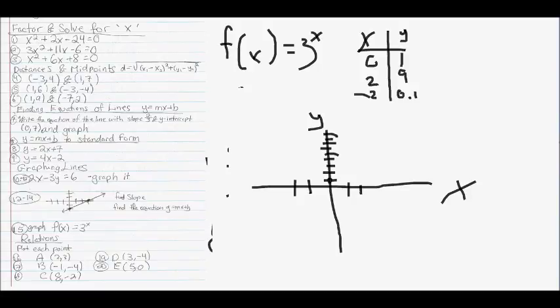So first one is 0, 1 over here. Next is 2, 9, and then negative 2 over here something. Okay, and then it kind of goes like this.